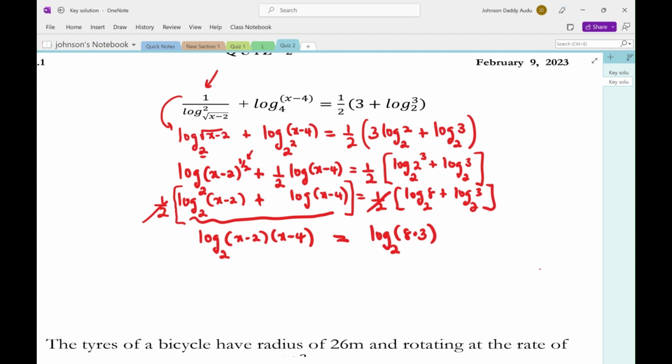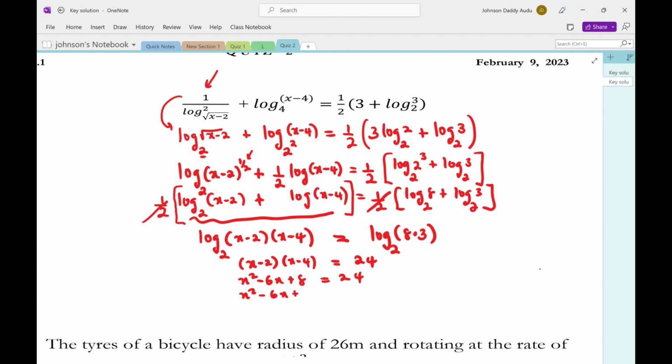Now we have the same bases on both the left hand side and the right hand side. We can drop the bases and just go with x minus 2 times x minus 4 equals what? 8 times 3, which is 24. And this is nothing but a quadratic equation. If you multiply these two, we will have x squared minus 6x plus 8 equals 24.